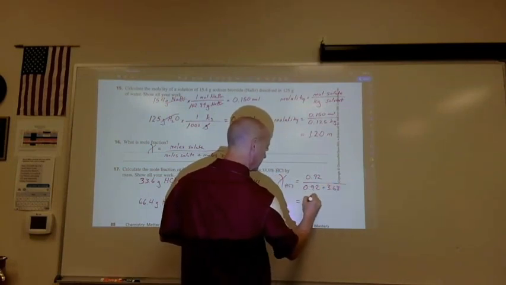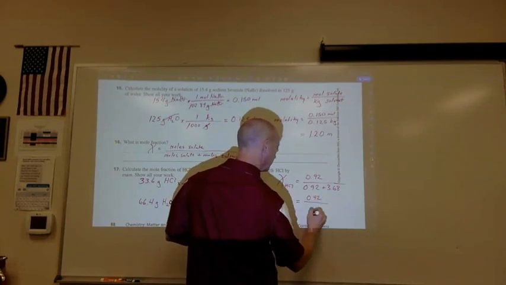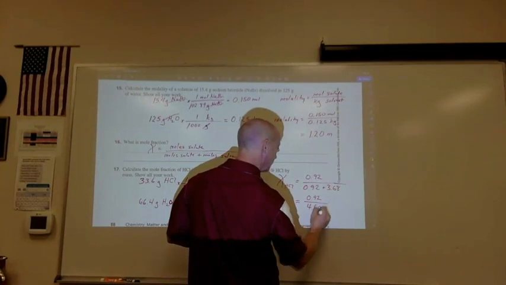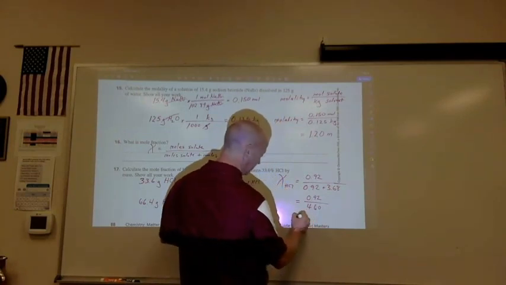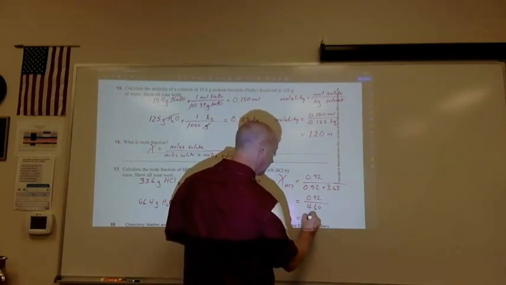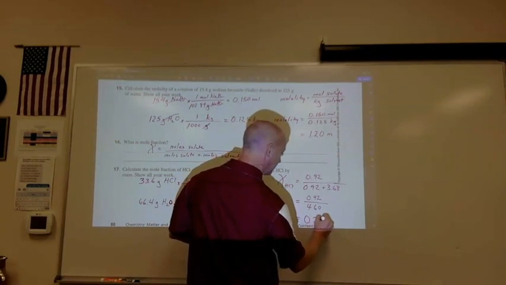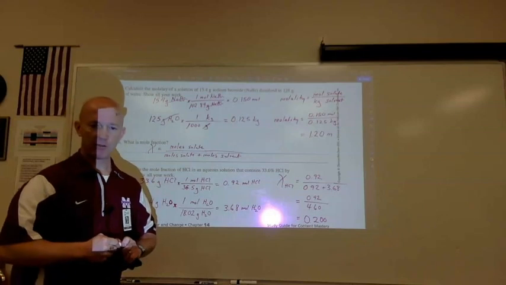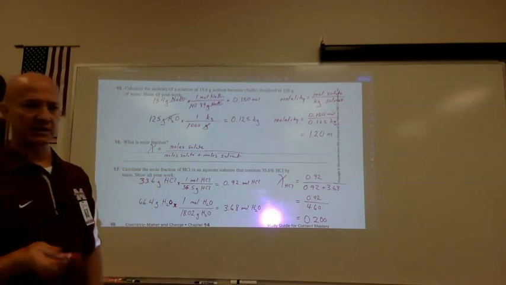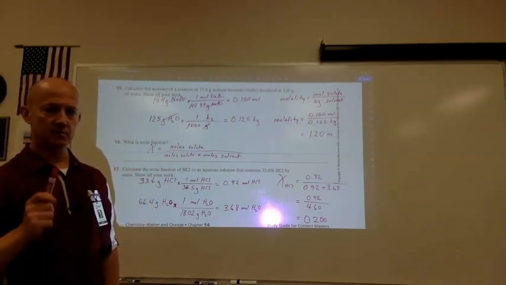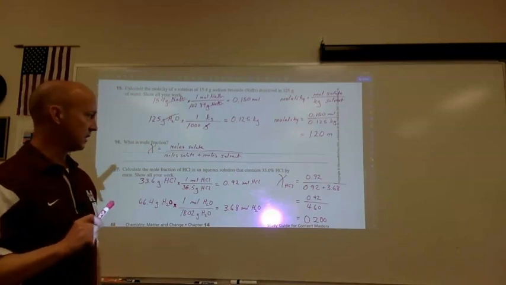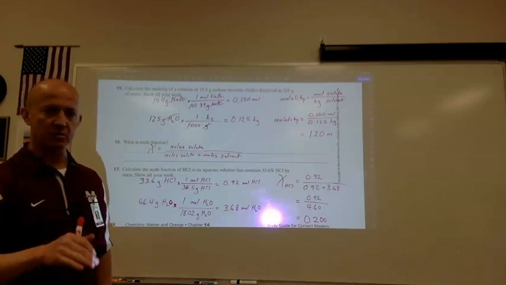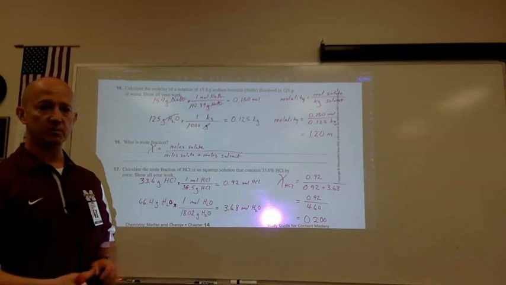That gives us 0.92 divided by 4.60. All right, so our answer is 0.200. By the way, remember, mole fraction is a dimensionless amount. It doesn't have any units attached to it, so it's just 0.2.